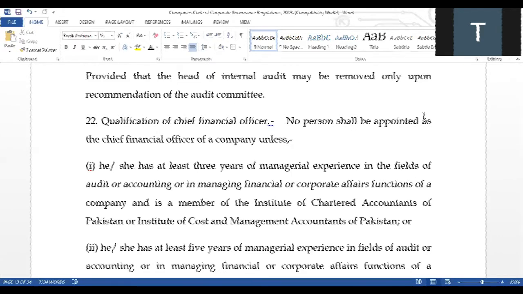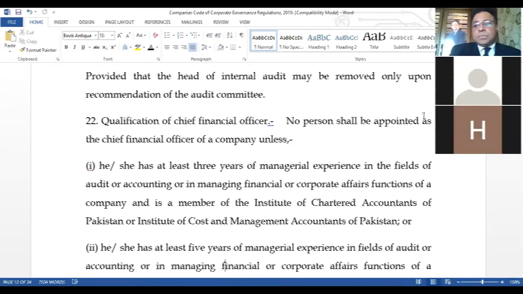No person shall be appointed as the CFO of a company unless, one, he or she has at least 3 years of managerial experience in the field of audit or accounting or in managing financial or corporate affairs functions of a company, and is a member of the Institute of Chartered Accountants of Pakistan or Institute of Cost and Management Accountants of Pakistan.